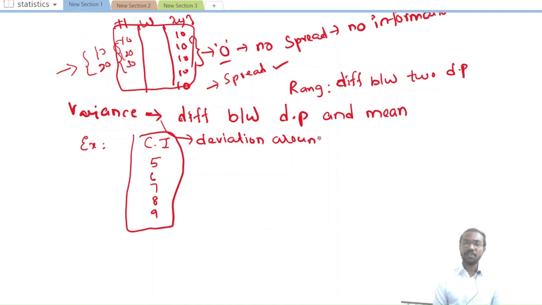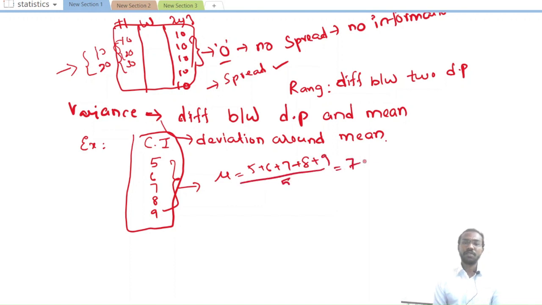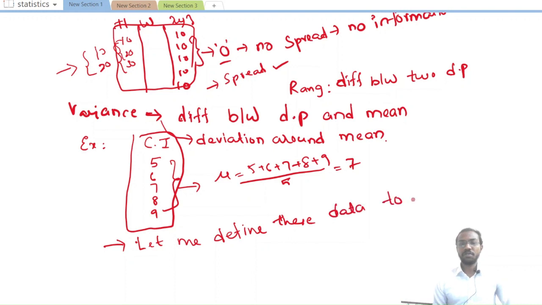Yes, we can say variance is deviation around the mean. For this data, when we calculate the mean, 5 plus 6 plus 7 plus 8 plus 9 divided by 5, we get 7. Now let me put this data on a number line.